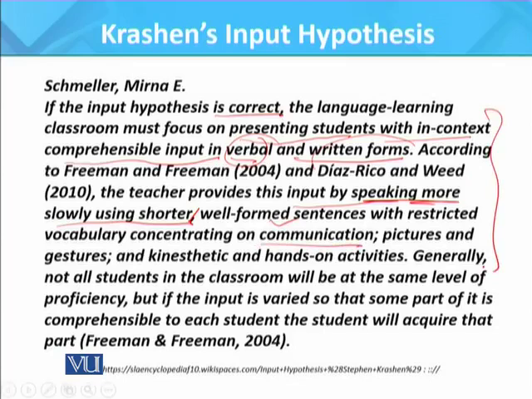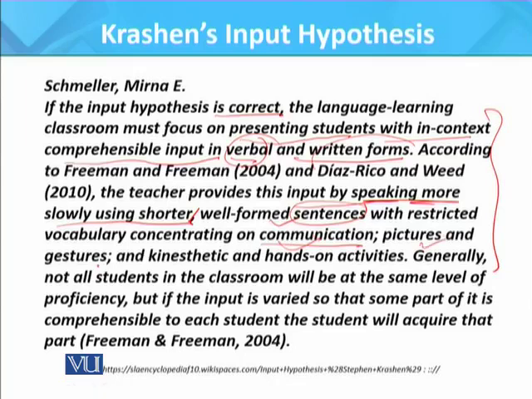In order to make the input meaningful to the acquirer, the process is facilitated by teachers by providing the information slowly, usually in shorter, well-formed sentences following a simple sentence structure, with restricted vocabulary, because the idea is to communicate and not to focus on a large amount of words.